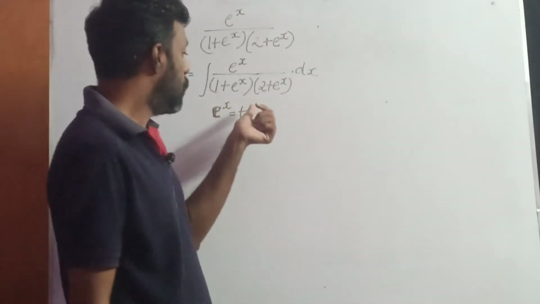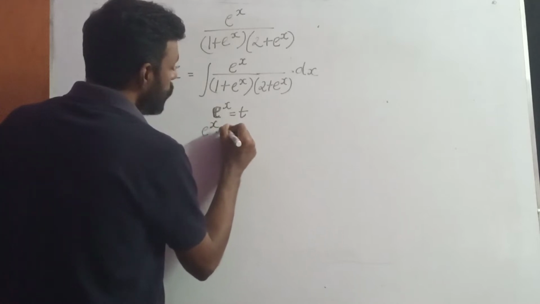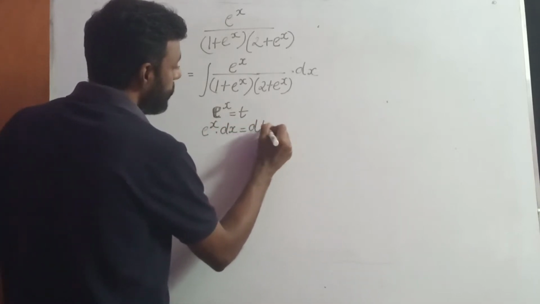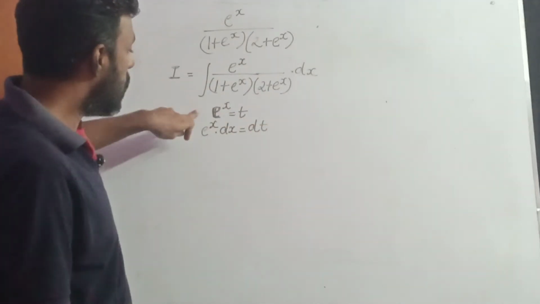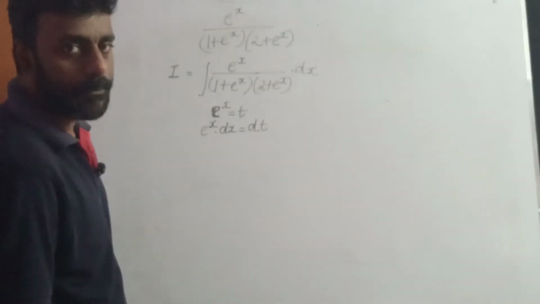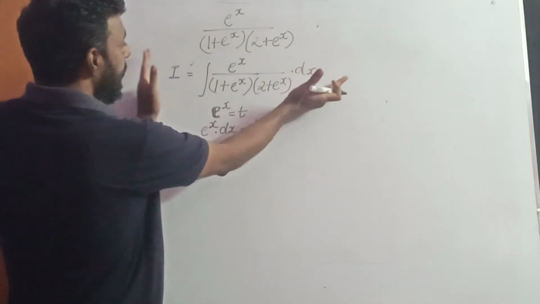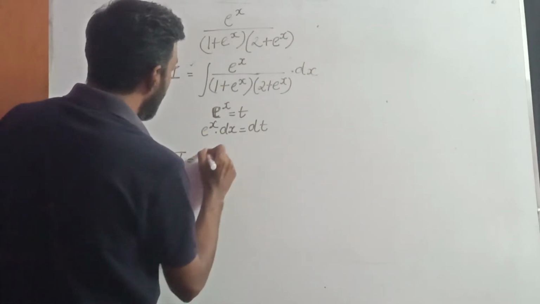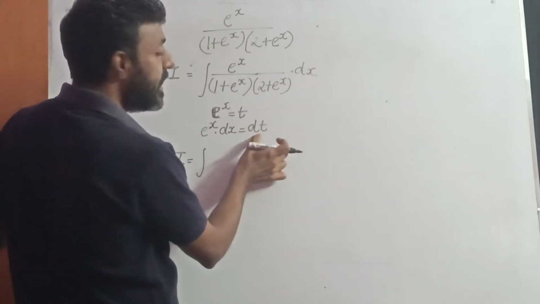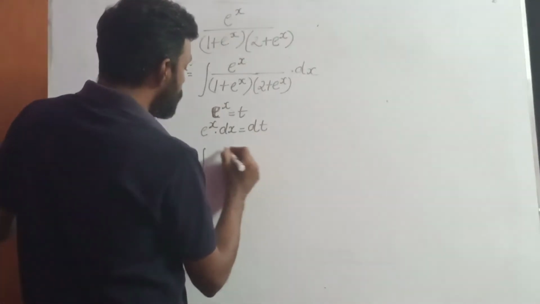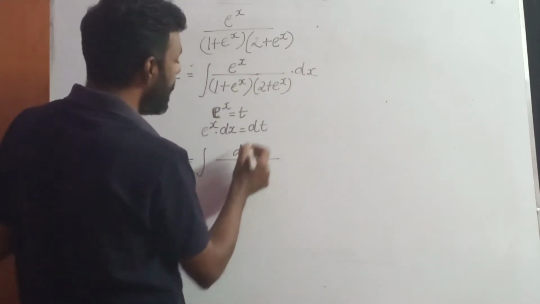So e to the power x into dx equals dt. So now I equal the integral, and e to the power x into dx is nothing but dt. I'm substituting dt instead of e to the power x into dx.